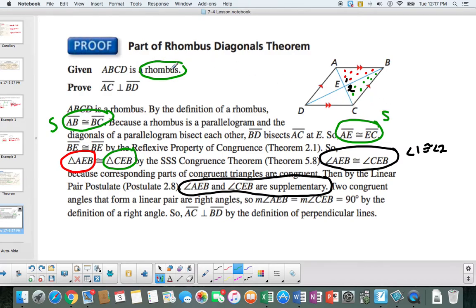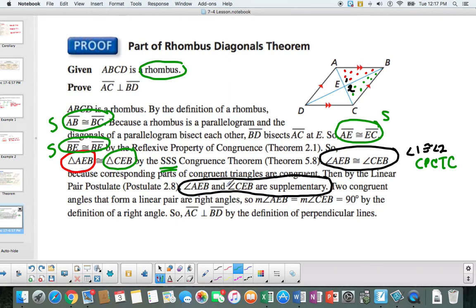Since it's a rhombus, it's also a parallelogram. We also have the reflexive property, which is a side as well. So these triangles are congruent by SSS. Now when the triangles are congruent, then these 2 angles, which I'll call 1 and 2 instead of the 3 letters here, angle 1 and angle 2 are congruent by CPCTC.